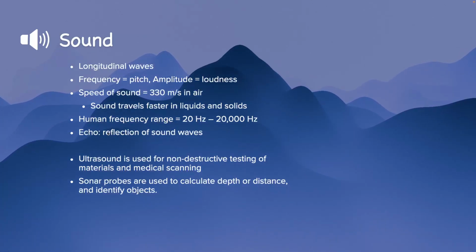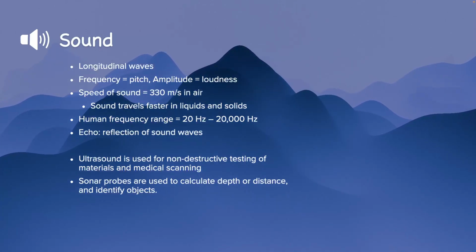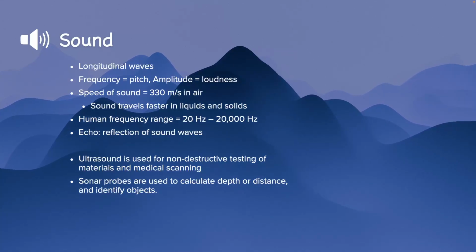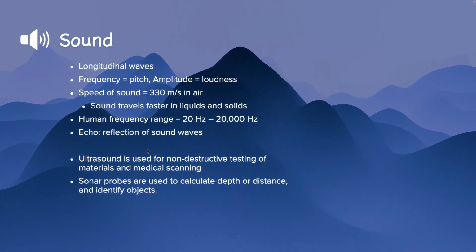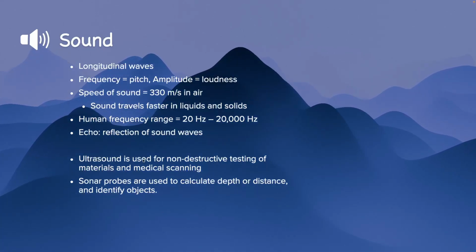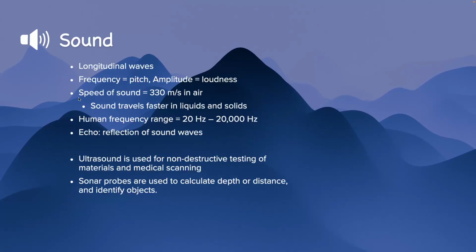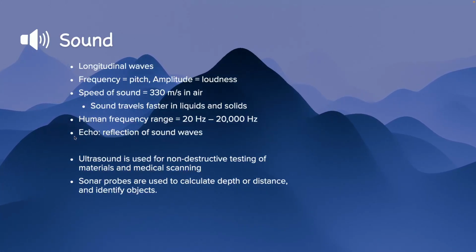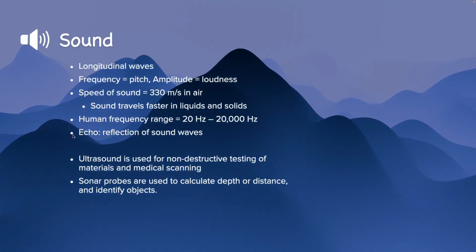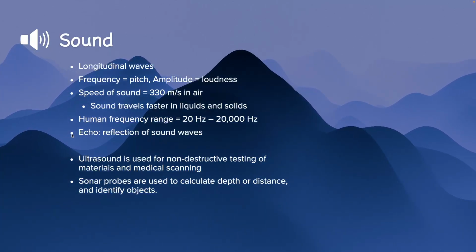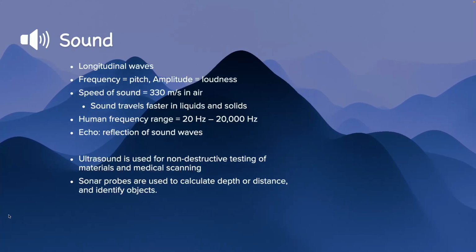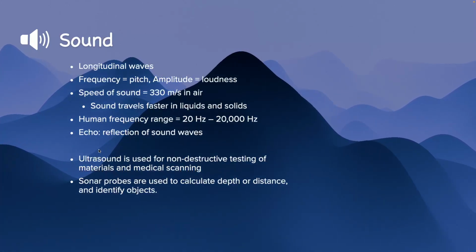Echoes are reflections of sound waves. For example, when sound passes through gas but meets a solid, it reflects off there, and you can hear the sound multiple times. That's an echo. Ultrasound is one of the uses of sound that we have in industry. It is used for non-destructive testing and verification of materials such as metals, and it's also used for medical scanning, your ultrasound scans.